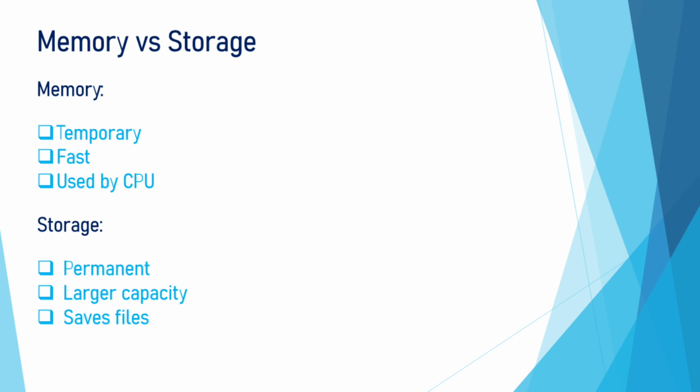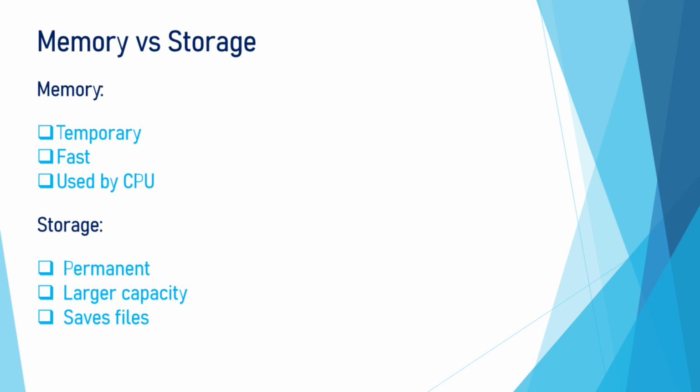So that is memory, and storage stores the files. Understand? Just like when you work on your table, you get the books which you require and use them and put them back to the shelf. Shelf is storage and your study table is memory.